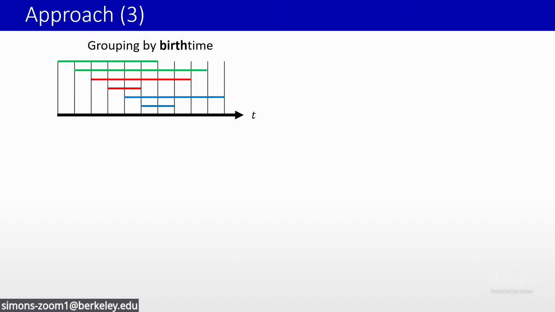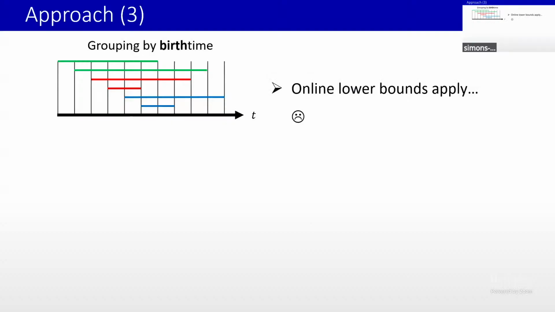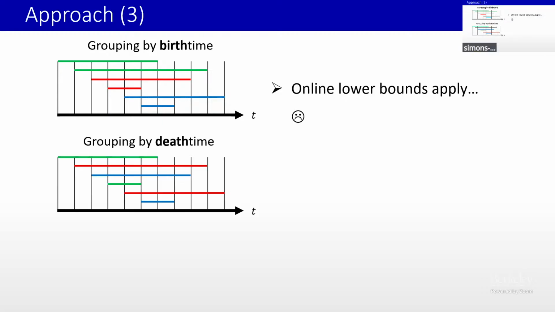Grouping by lifetime, I would group the two green ones together, the two red ones, and the two blue ones together. That's probably not a very good way of grouping, because this information is available to any online algorithm, assuming no other information is available, so all the online lower bounds apply here.